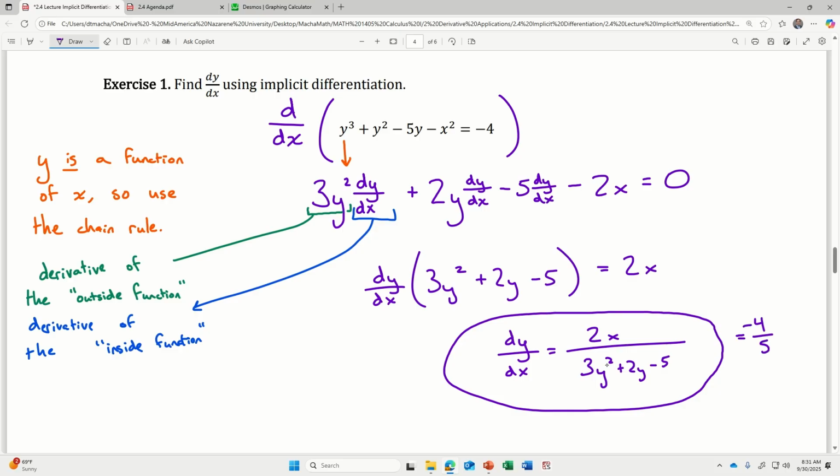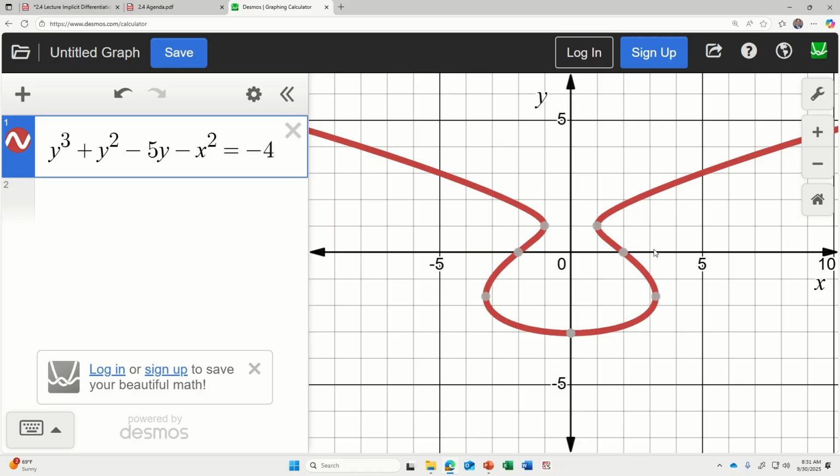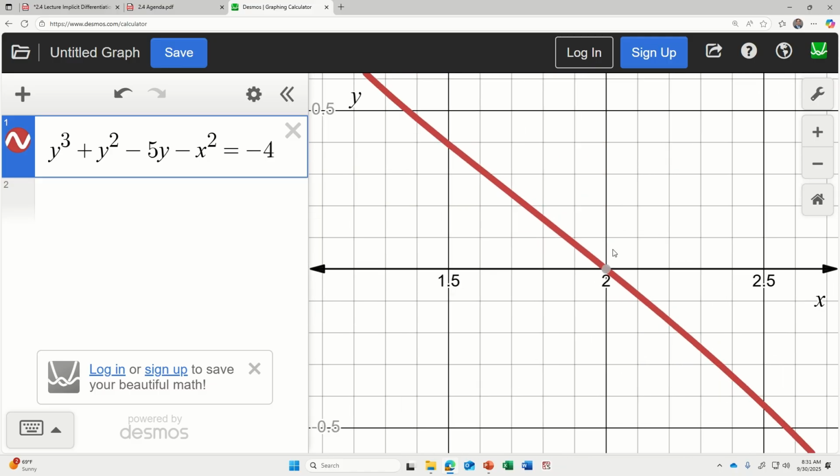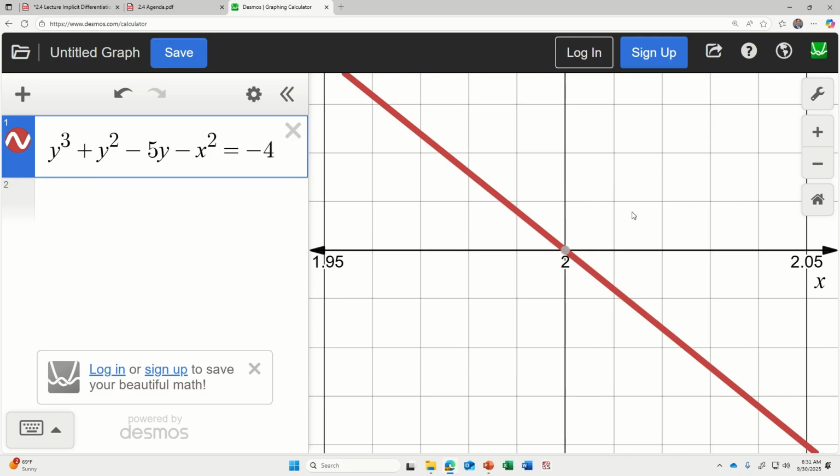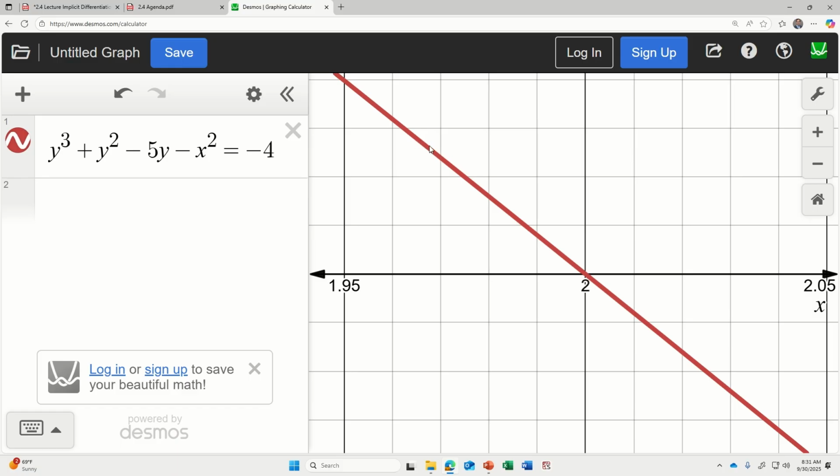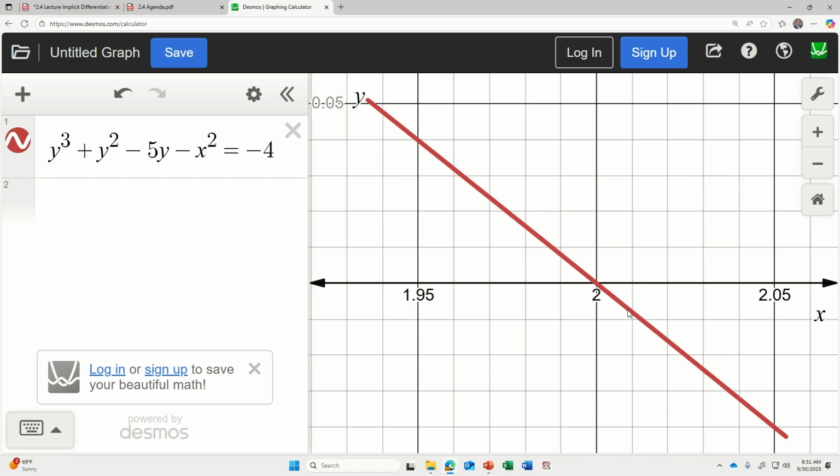So it'd be negative 4 over 5 at the point (2, 0). And then we look, does that look like a slope of negative 4/5 right here? Yeah, kind of looks like negative 4/5.